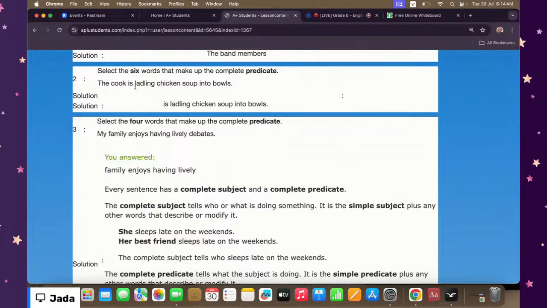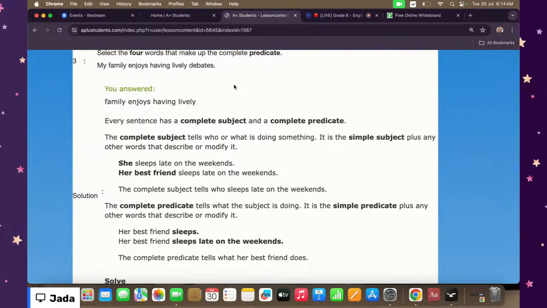So ladling chicken soup into bowls is the predicate. It's asking you for six words, so you start from here, because it's telling us what the subject is doing.